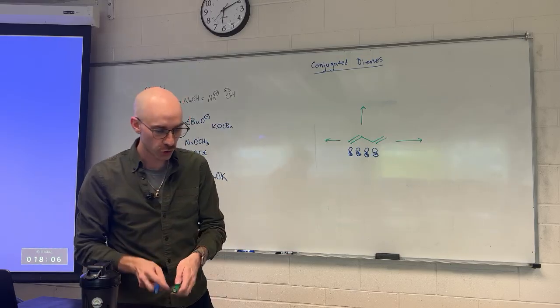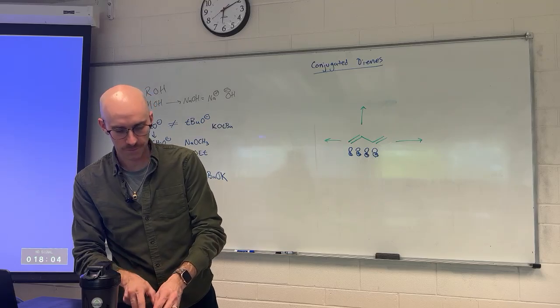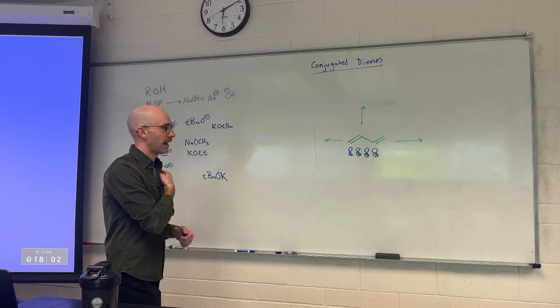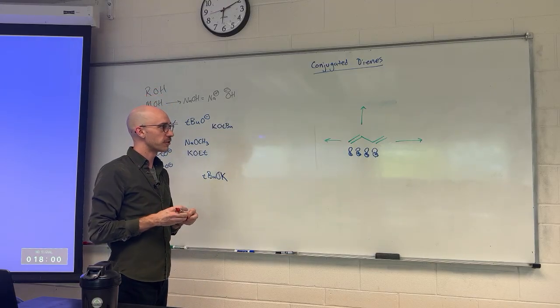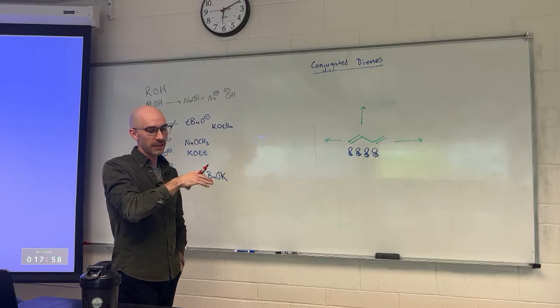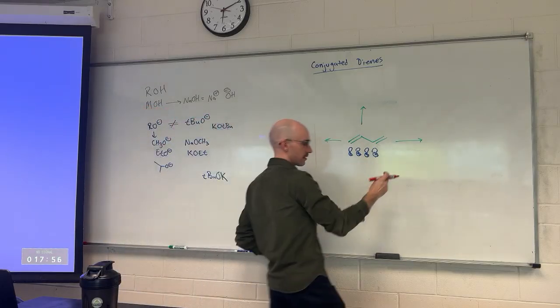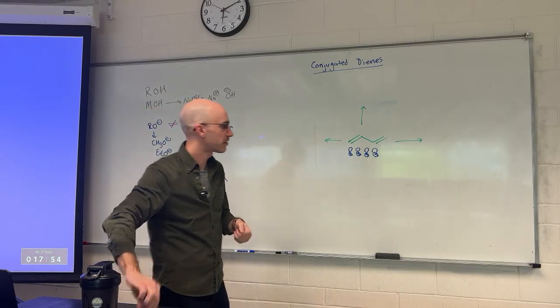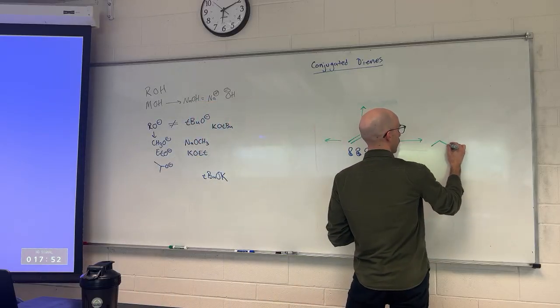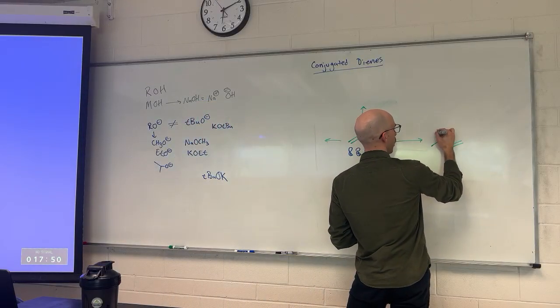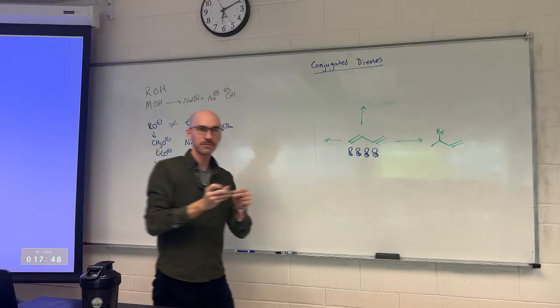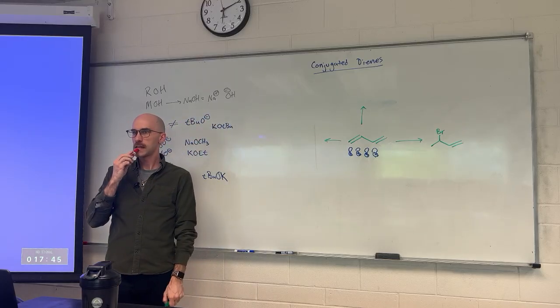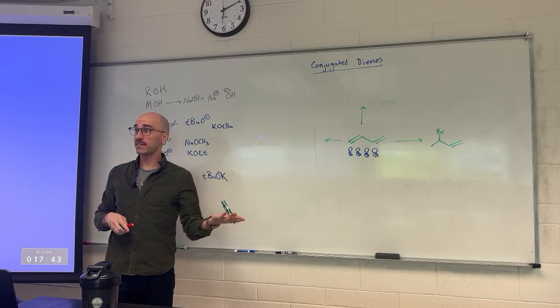But we can control the stability of that carbocation. So first of all, if we look to the right, I show us forming 3-bromo-1-butene, which is an HX addition reaction.